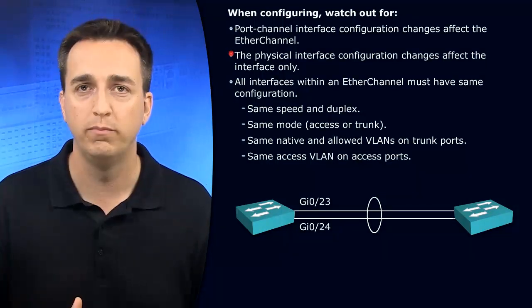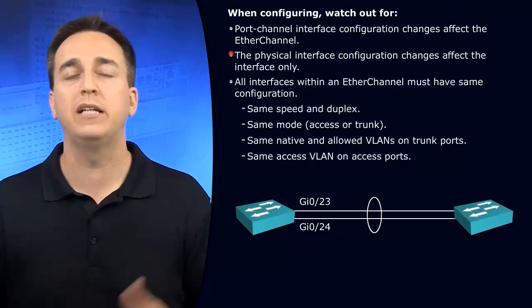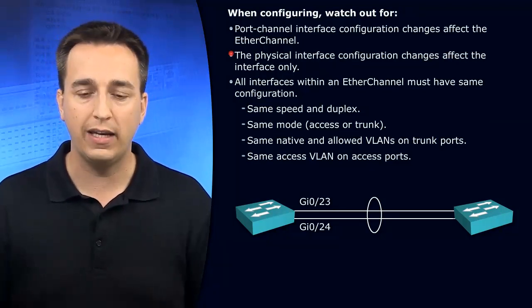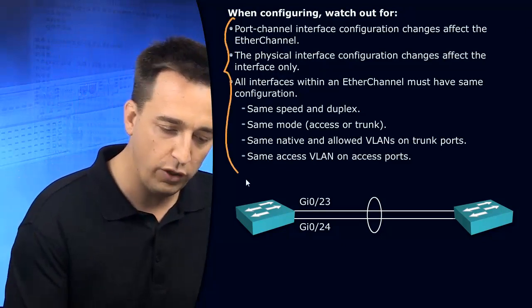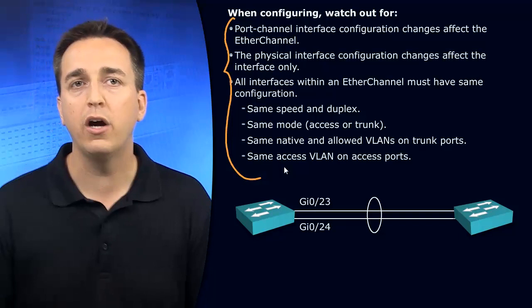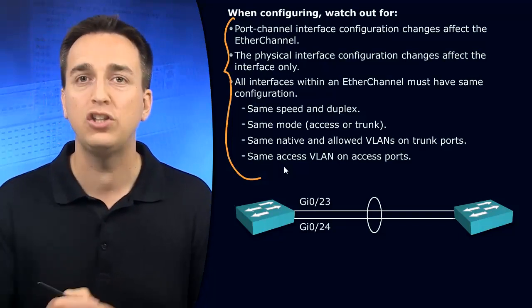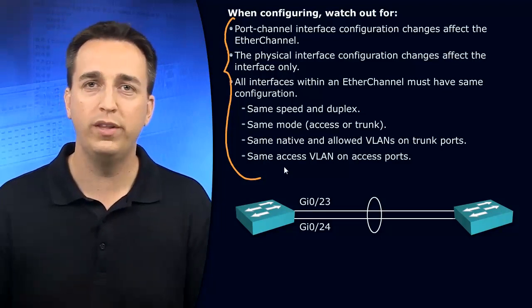It won't form. Or if it's already been formed, it'll be torn down because now we have a conflict. We have a misconfiguration in that case. So all of these items here are very important for you to remember in regards to EtherChannel, because these are the big culprits for issues and troubleshooting with EtherChannel bundles.